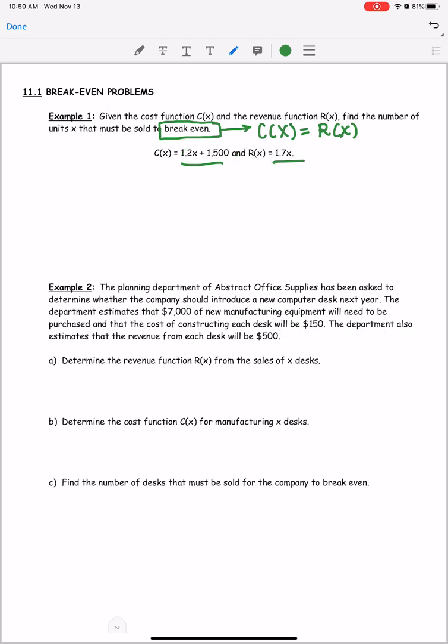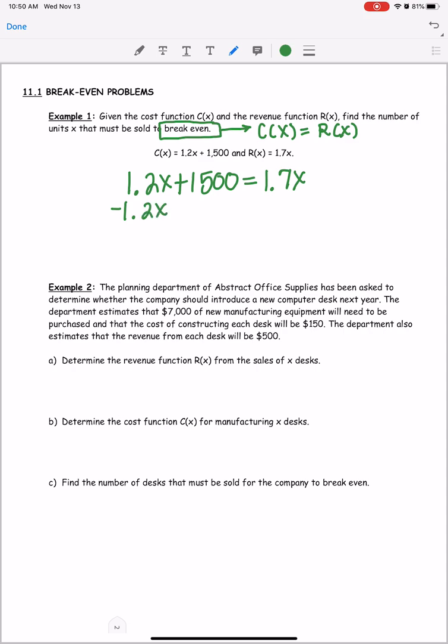So we have 1.2x plus 1,500 equals my revenue, 1.7x. This one actually has nothing to do with systems. Just set these equal to each other and solve for x. So I need to get x on the same side.